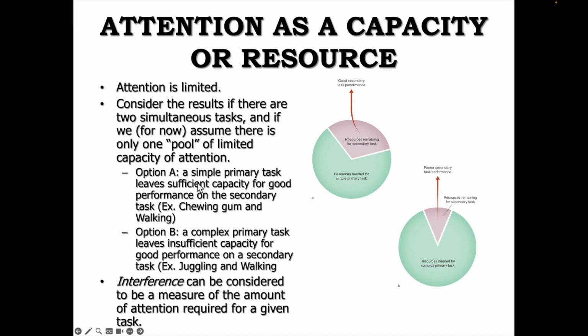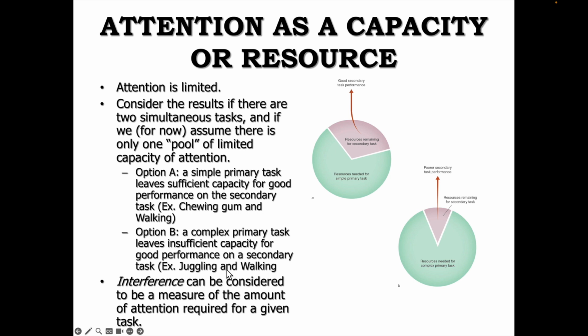An example of this might be juggling and walking. Juggling is a very complex primary task, and because it's so complex, I need to put a ton of attention toward juggling and not dropping the balls. Therefore, if I'm trying to juggle and walk at the same time, I'm probably going to be walking slower, because I can't walk very fast due to having to focus on juggling the balls.